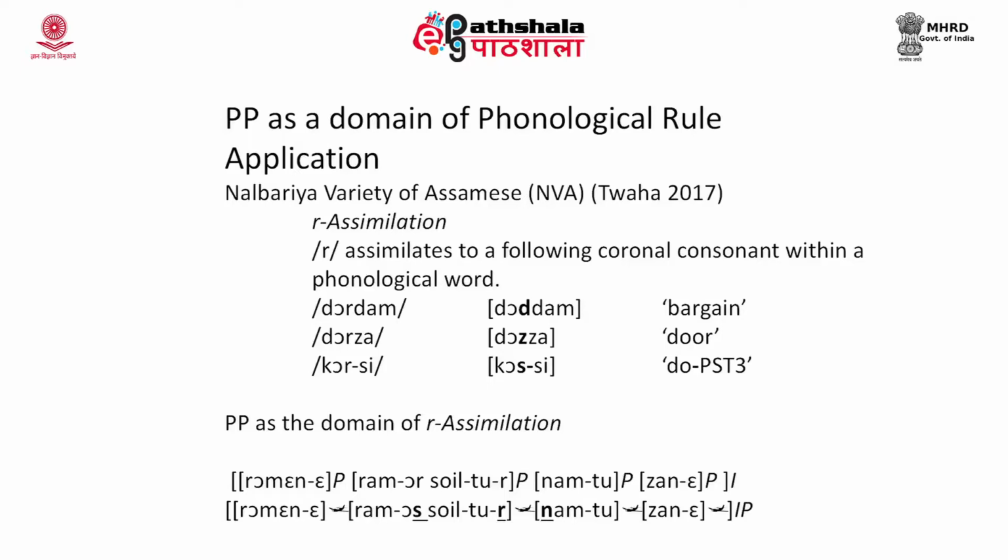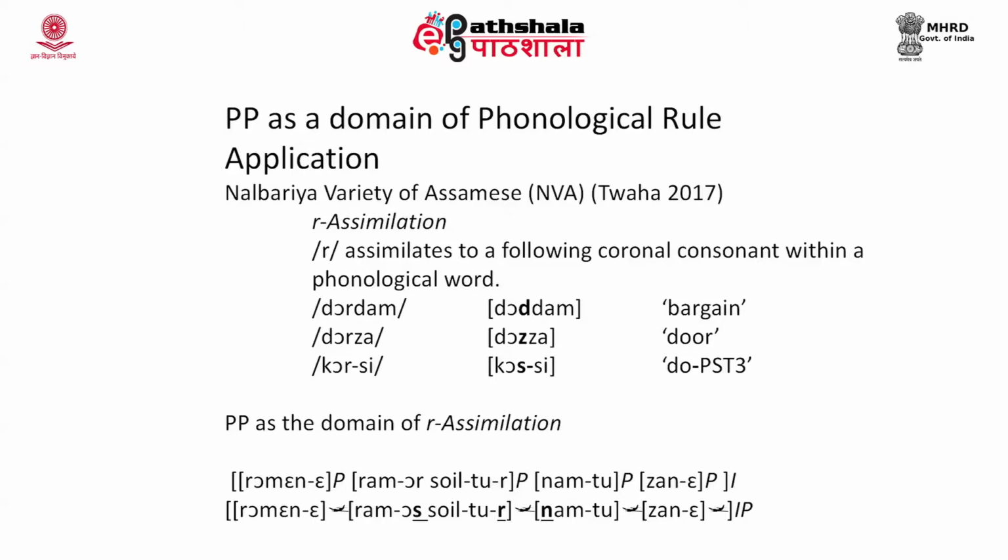In fast speech, what we find is that the R assimilation takes place so that "Ramor soiltu" becomes "Ramos soiltu". These are two different words, but the R assimilation does take place within this.